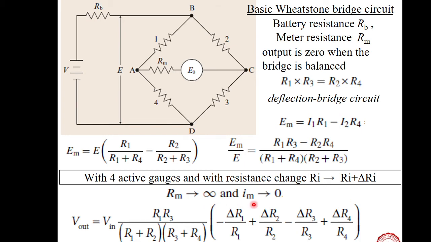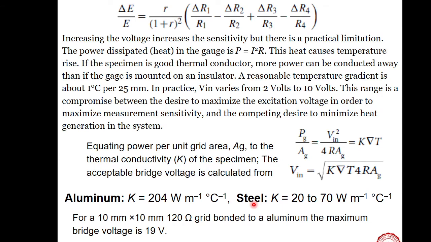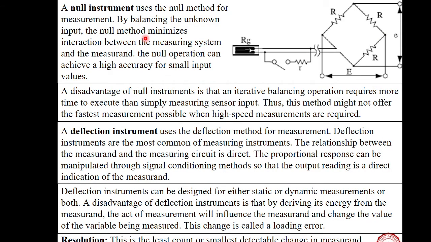So there is another method which is known as null method. See, here we are not using any explicit galvanometer at this point here. Rather, what is used is, along with this resistance, say we have a quarter gauge.